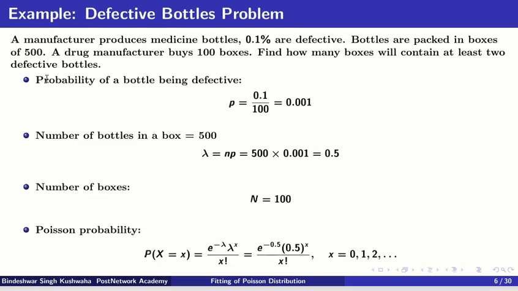Here the Poisson probability is already given: e raised to minus lambda, lambda raised to x upon factorial x. So here we will plug in lambda as 0.5: e raised to minus 0.5, and 0.5 raised to x upon factorial x.